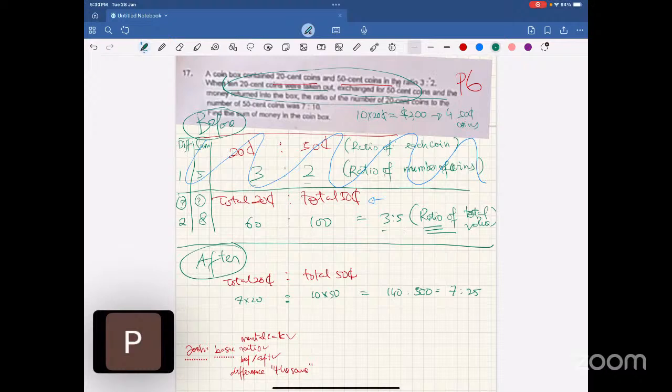Use it only when you need to. Use it if you don't know how to do it yourself. So a little bit different from me. I say, hey, use your calculator to save time.